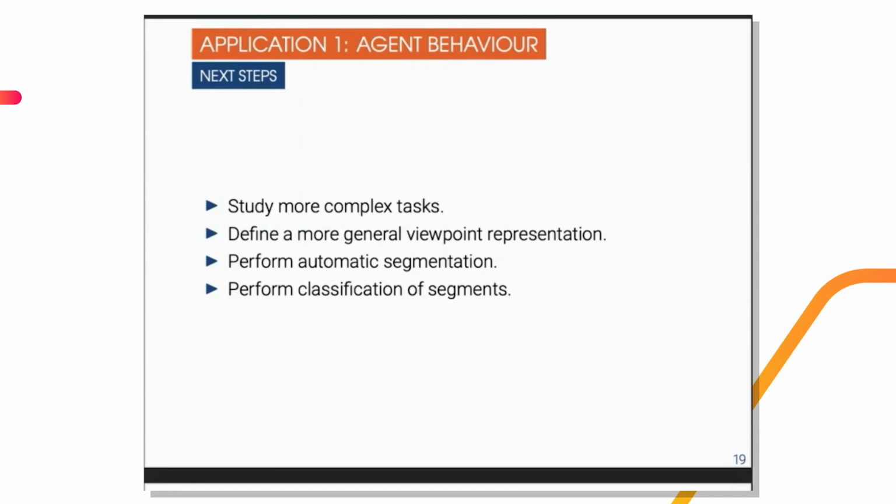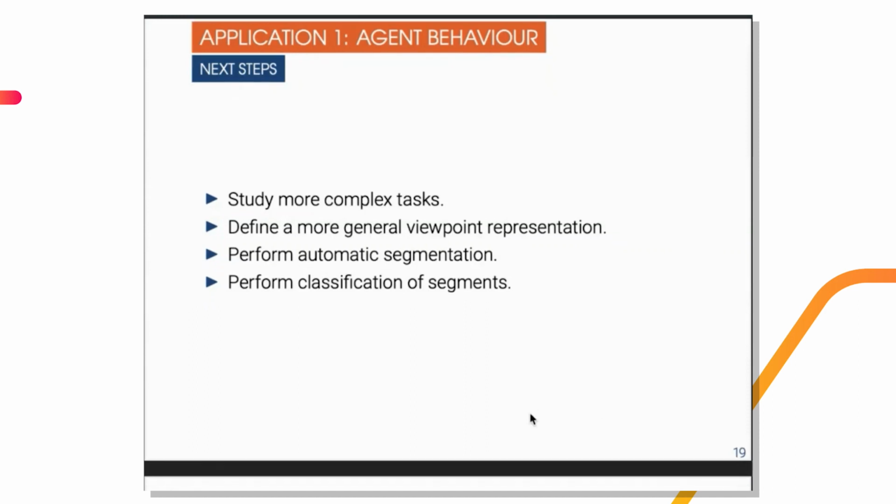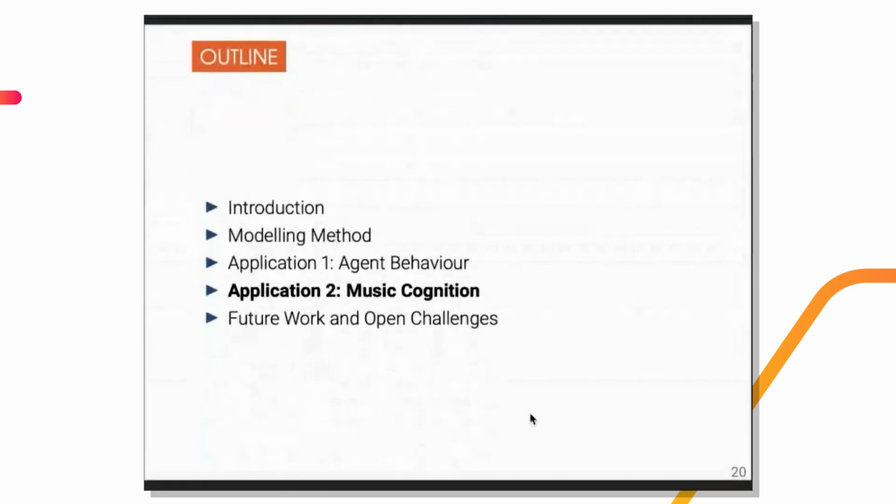But what we want to do now is just have an agnostic segmentation approach and then have a careful look at what segments come out of that. What is the agent doing in these various segments? And I'll talk about all of those things again at the end of my talk.